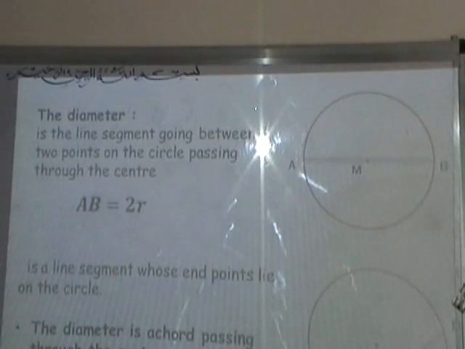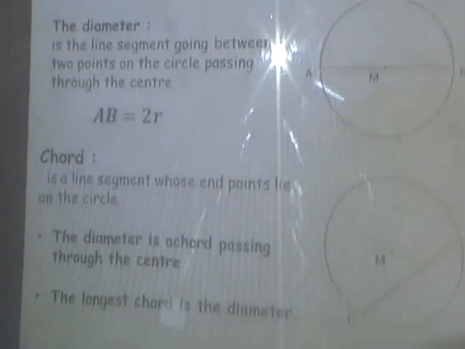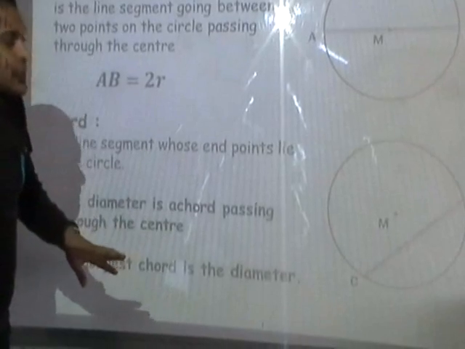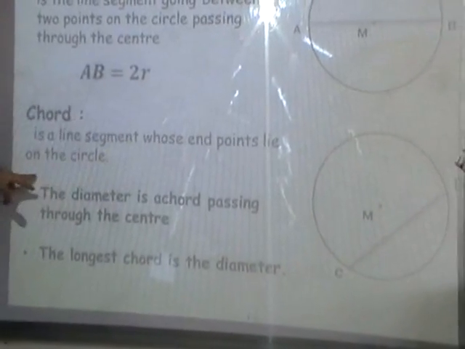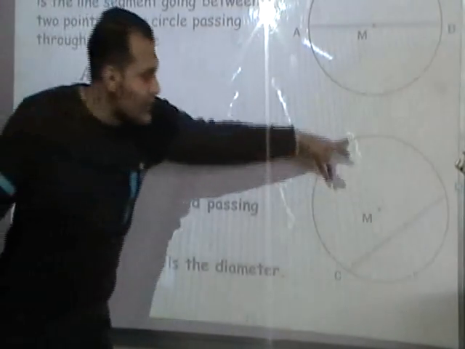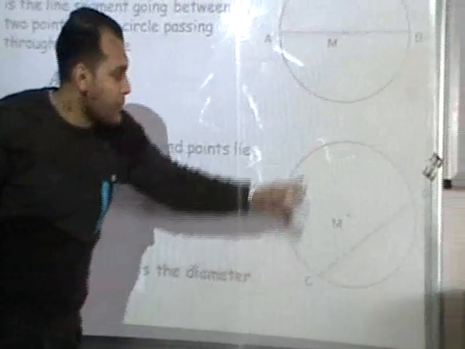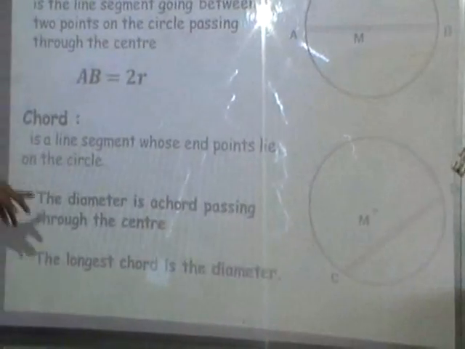After that, you have the chord. What is the chord? The chord is a line segment whose endpoints lie on the circle. You can choose any line segment and draw its endpoints on the circle, join between them, and you will have a chord.